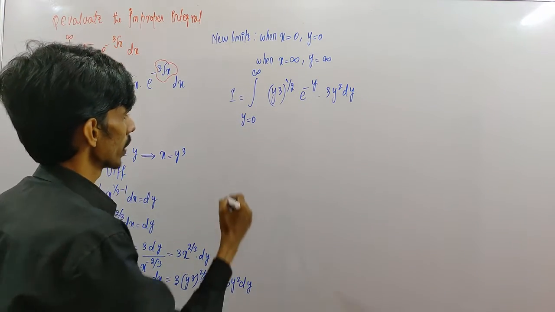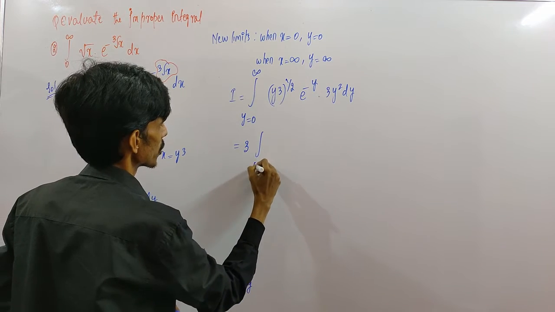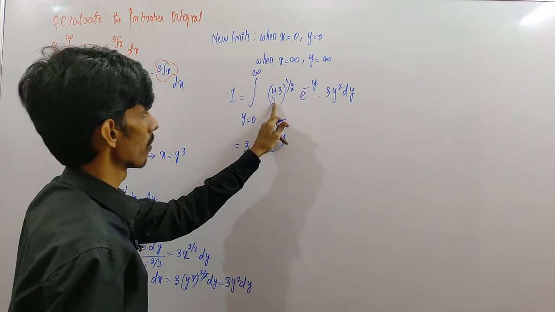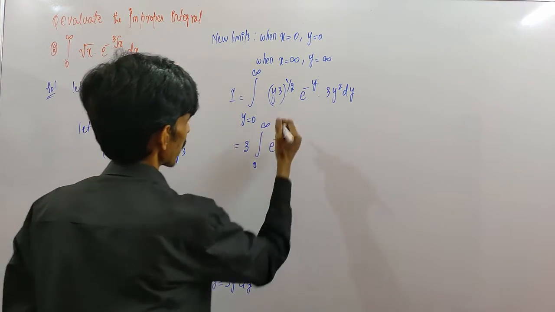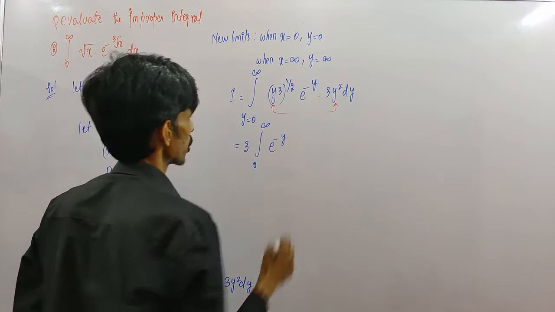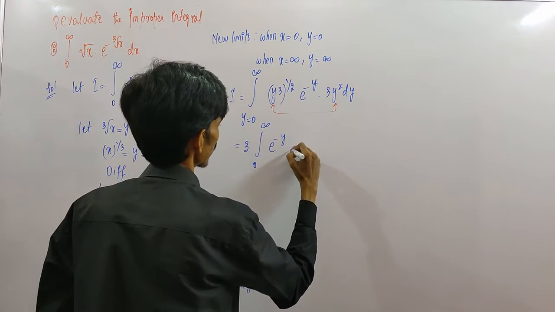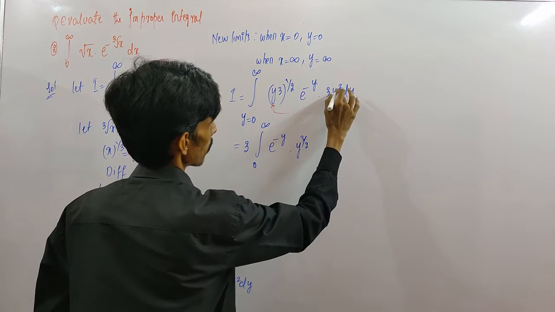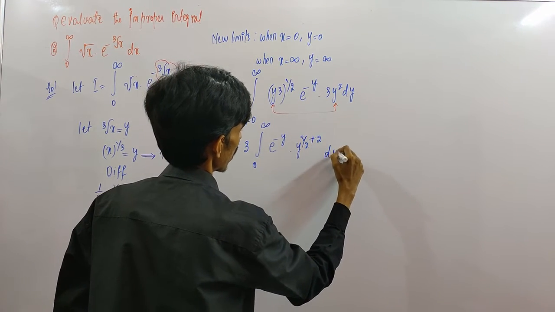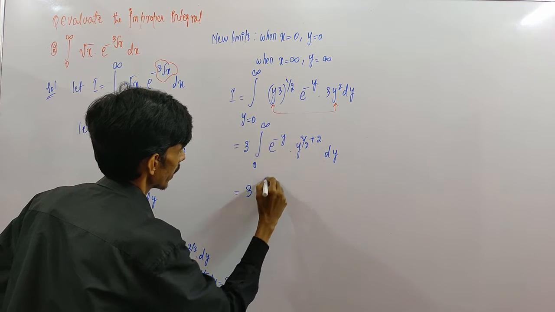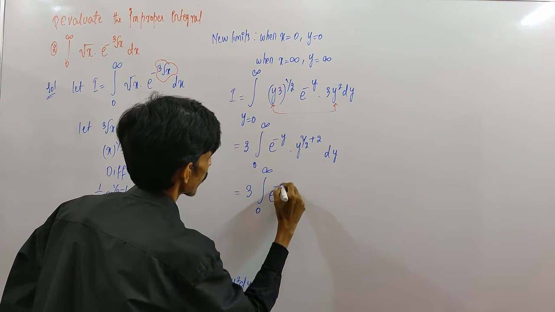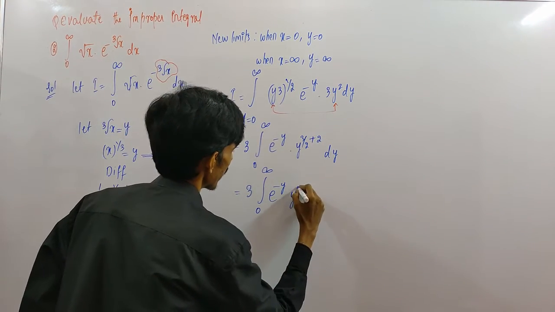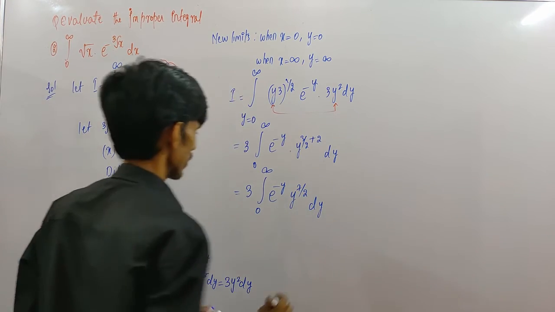Now 3 is taken out of the integral: 3 integration 0 to infinity e power of minus y, here we have y, here y, bases are same, then powers should be added, so we have y power of 3 by 2 plus 2 dy, that is 3 integral 0 to infinity e power of minus y, y power of 7 by 2 dy.